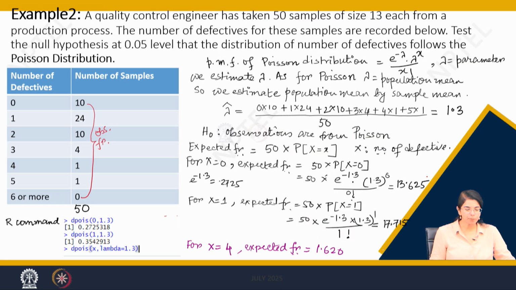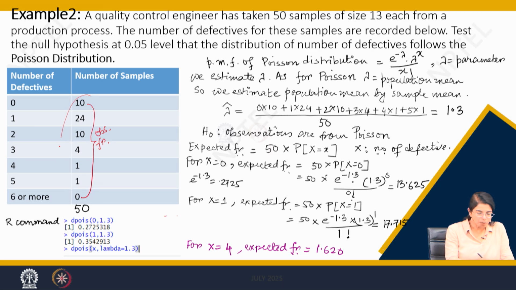Let us have one more quick example, and this example is a count data example. A quality control engineer has taken 50 samples of size 13, each from a production process, and the number of defectives are recorded below. So already we have seen this data during the discussion of our examples.